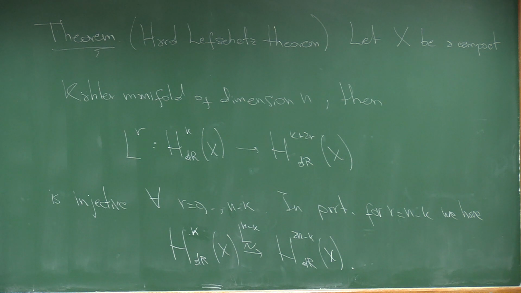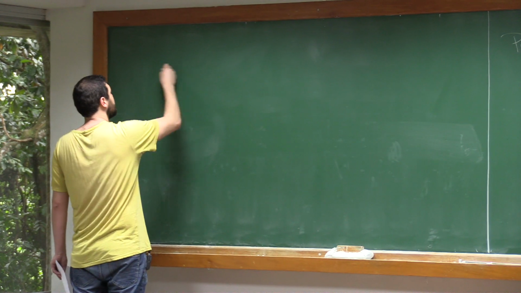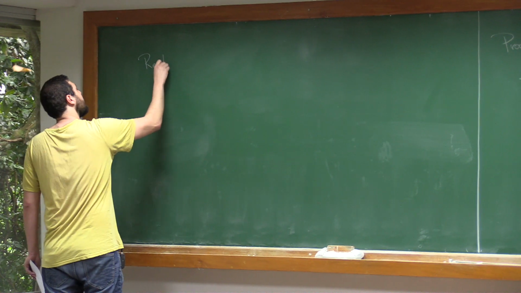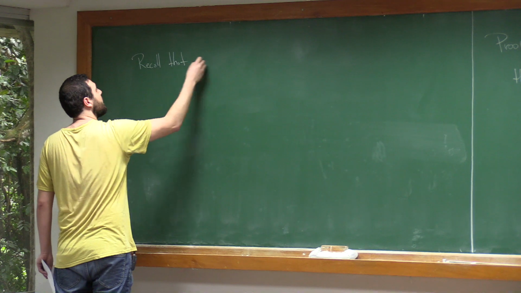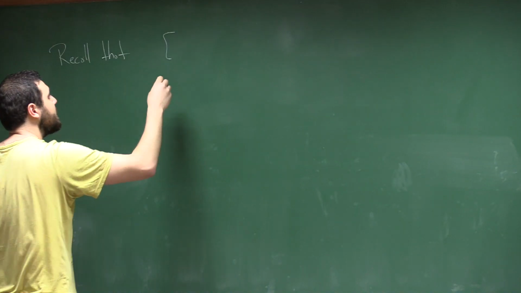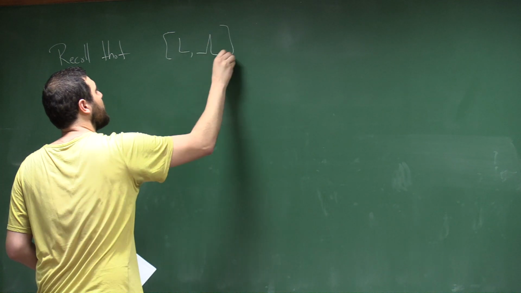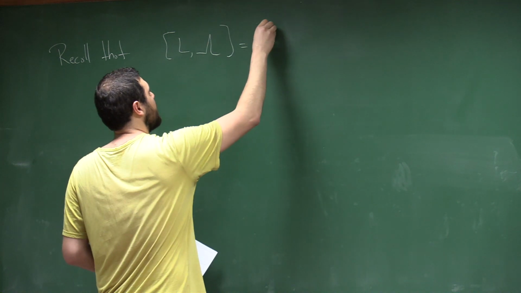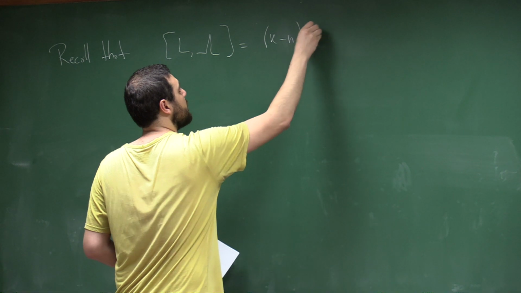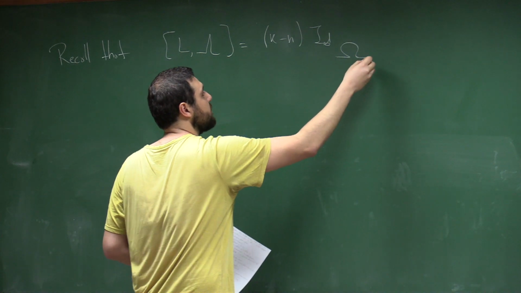And well, the property that I will use is this. Recall that the commutator of lambda with L, so it's lambda with L, L with lambda, is equal to k minus n, the identity on k-forms.